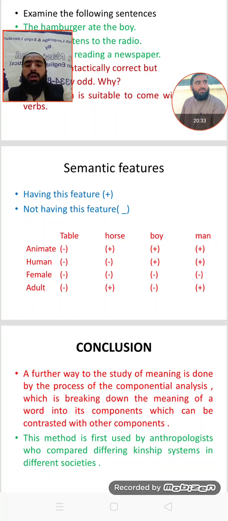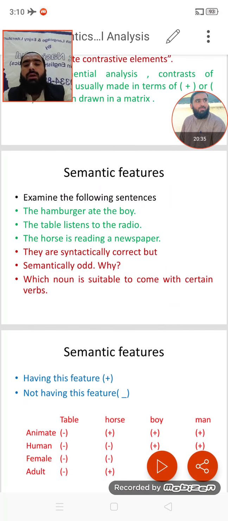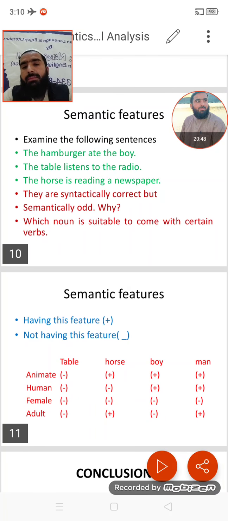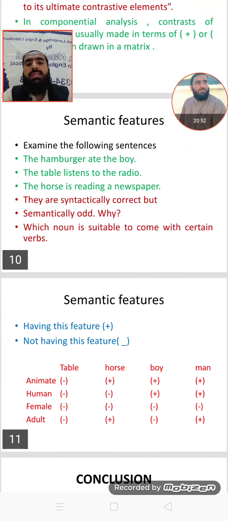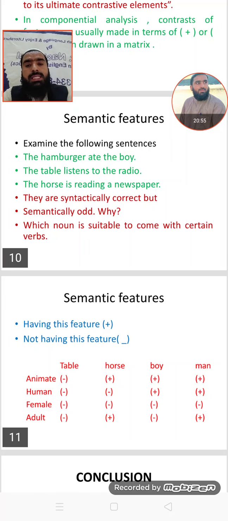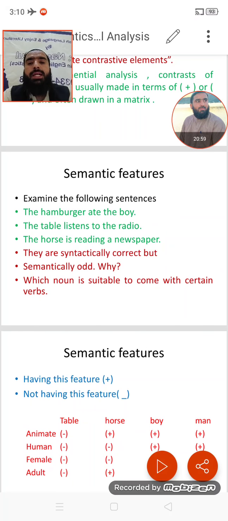So now when we see that the table listens to the radio, the verb listen does not match with the feature of table, because the verb listen requires an entity which has the capability of listening.